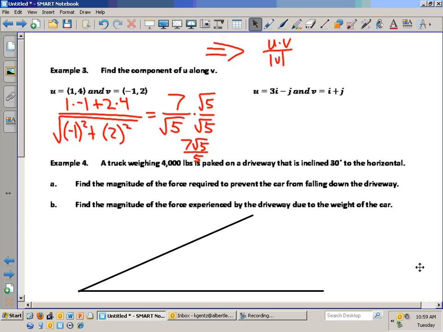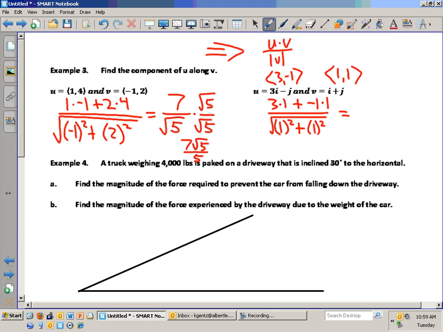How do I rewrite 3i minus j? 3, negative 1. There you go. So we do u times v on top, which is 3 times 1 plus negative 1 times 1, divided by the magnitude of v, or the square root of 1 squared plus 1 squared.